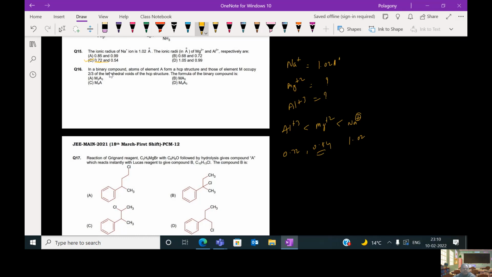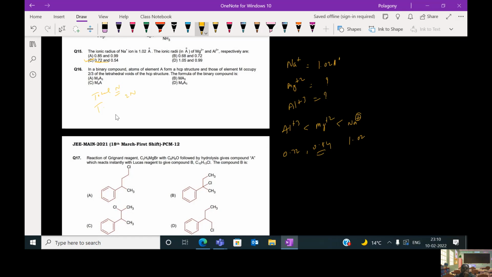Now, in a binary compound, atoms of element A form an HCP structure, and those of element M occupy 2/3 of the tetrahedral voids. What is the formula of the binary compound? If the number of atoms is n, then the tetrahedral voids will be 2n.